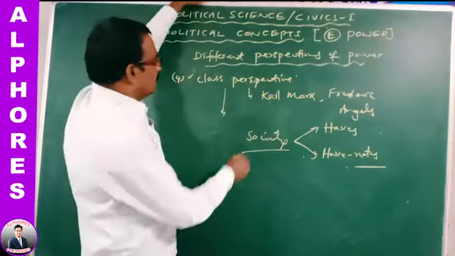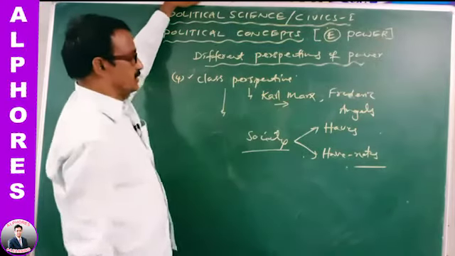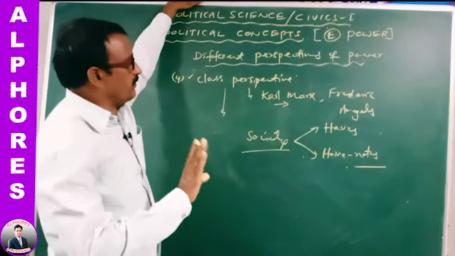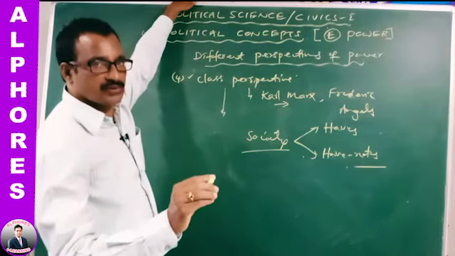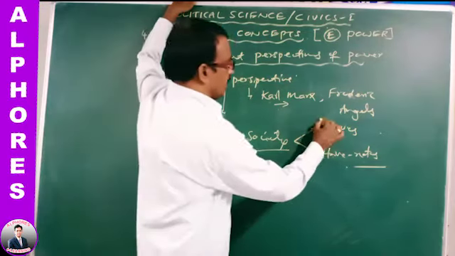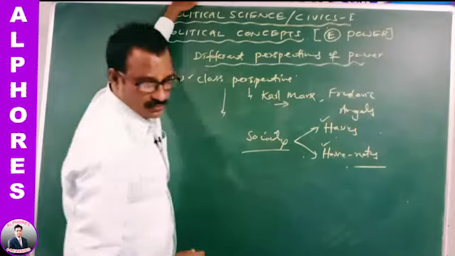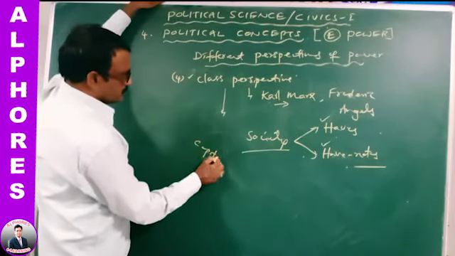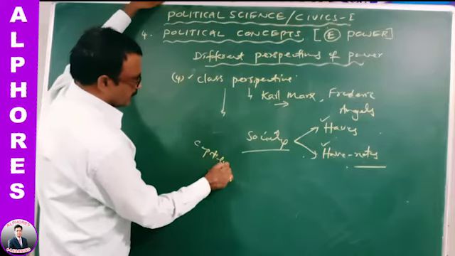Clear? Now Karl Marx said that in every stage in history, society can be divided into two classes. One is haves, another one is have-nots. Clear? Example, capitalist society.